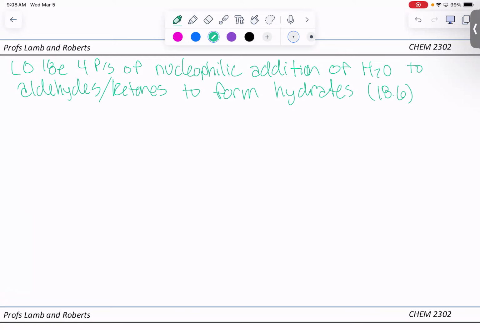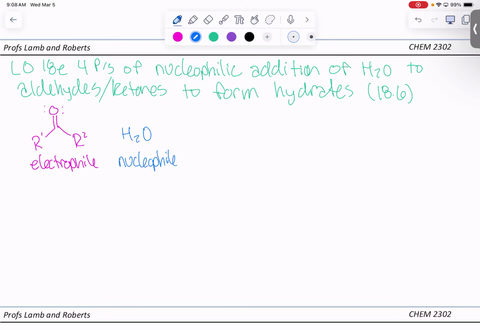All right, so let's take a look at what this looks like. We have our aldehyde or ketone. It depends on whether one of these R's is a hydrogen, in which case it's an aldehyde, versus if both R's are carbon-based groups, then they're ketones. And this is going to be our electrophile in the reaction. Then we're going to have a nucleophile, which is water.